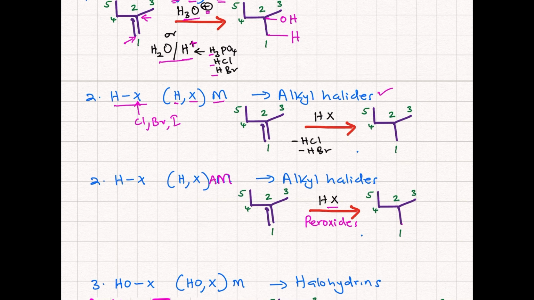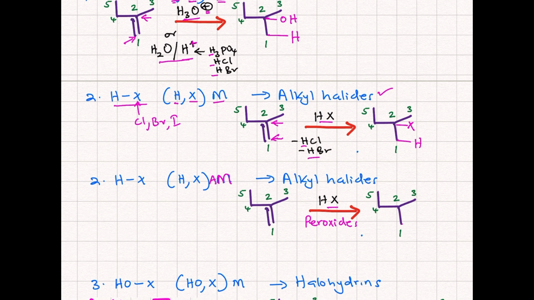Just like we saw before, hydrogen will add to the carbon with the most hydrogen. So this carbon here has the most hydrogen, so you end up adding hydrogen there. And then the halogen will add to the next carbon, which has less hydrogen. So you end up with a halogen there, the X there. Remember, HX can be HCl or HBr.